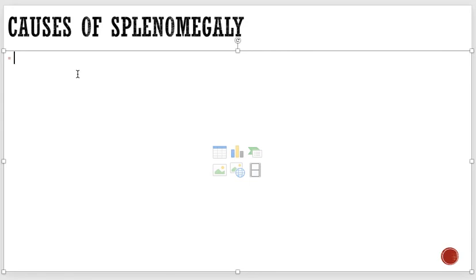We can measure as well, and if after palpating, or by ultrasonography, you measure the spleen and find it is up to 20 centimeters, it is called moderately enlarged.